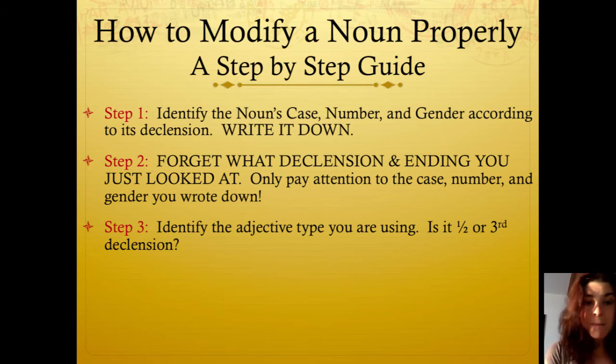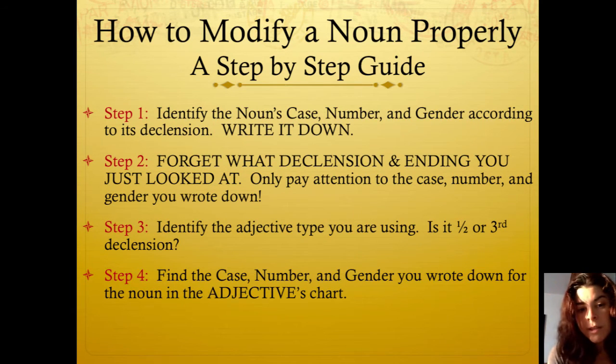Okay? The next step is to identify what adjective you're working with. Is this a 1-2 adjective, or is it a third declension adjective? Remember, 1-2 adjectives use the us, a, um pattern or the er pattern. Third declension adjectives can use a variety of patterns, but for the most part, you're going to see either the same form over and over again with the genitive ending to show you the stem, or you're going to see an is, e ending.